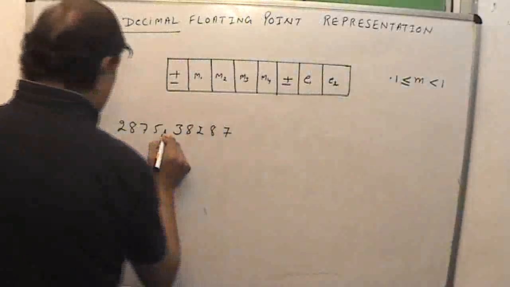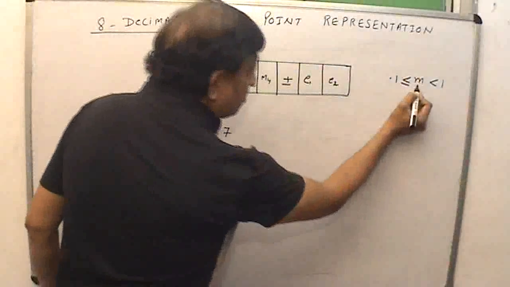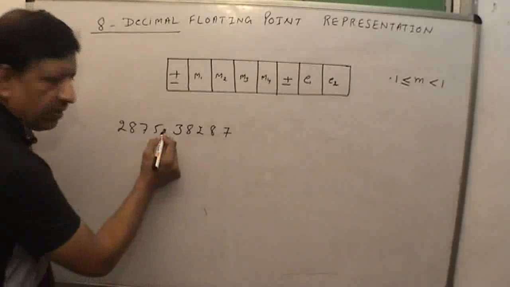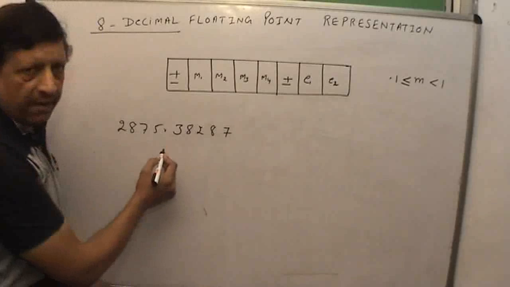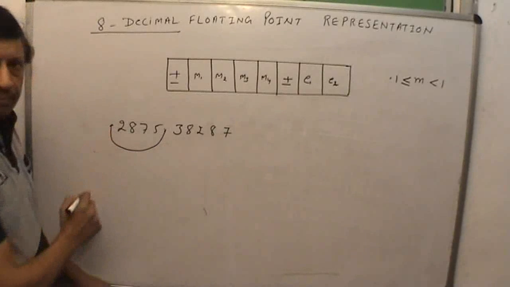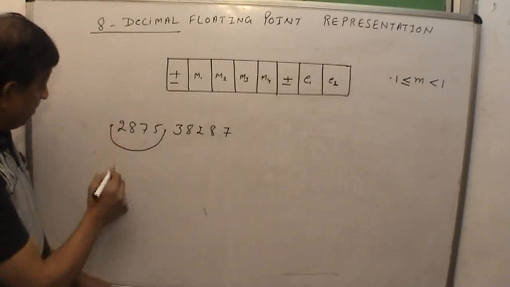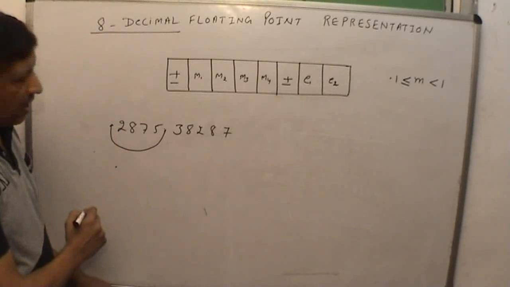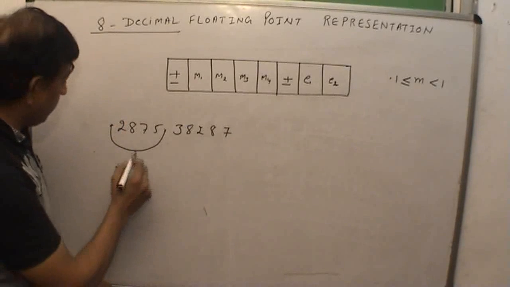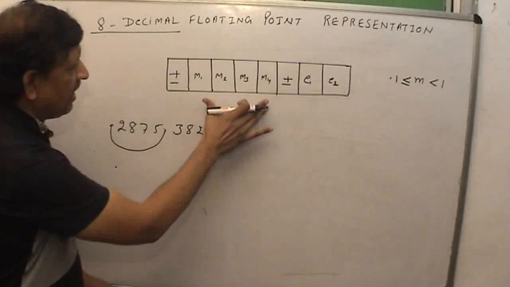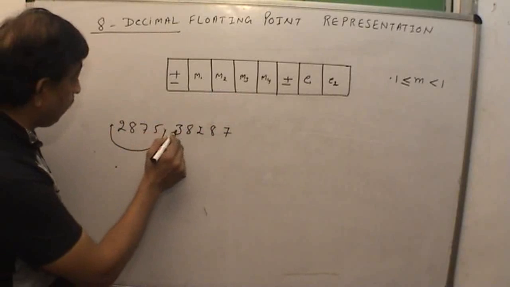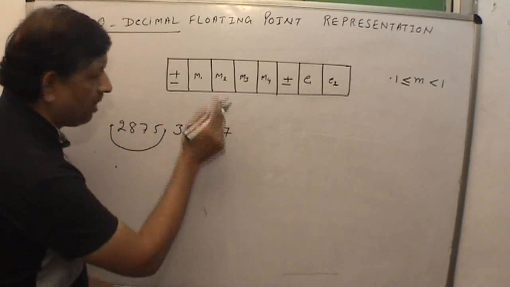Here the mantissa lies between 0.1 and 1. So we have to shift this decimal to here. It means the point starts from here. Its sign is positive. But the mantissa can have only 4 values, and there are 1, 2, 3, 4, 5, 6, 7, 8, 9.